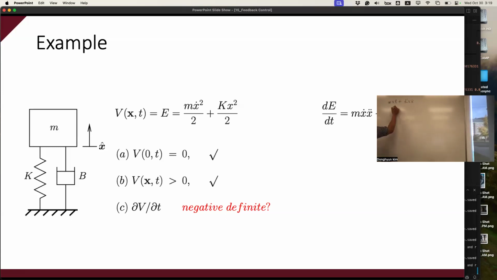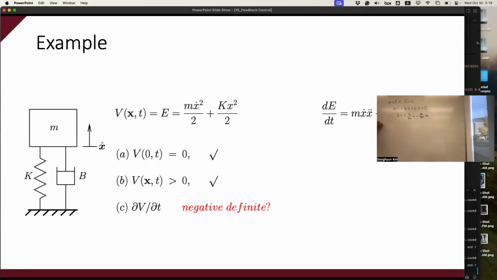And what is the x double dot of this system? This is a second order system, so the dynamics is m x double dot plus b x dot plus k x equals 0, right? So my x double dot is minus b over m x dot minus k over m x. I'm going to plug these two in here.